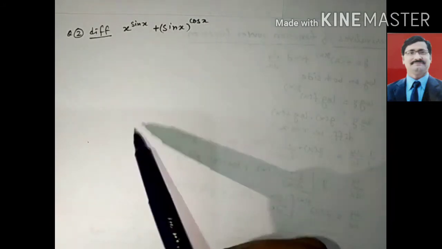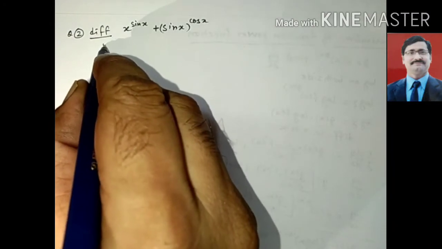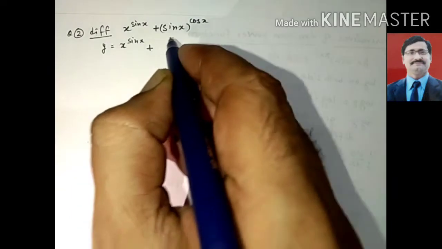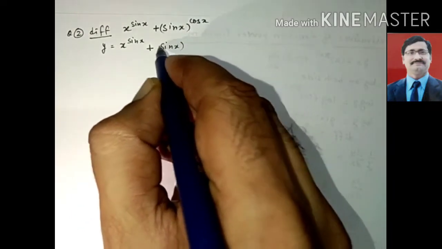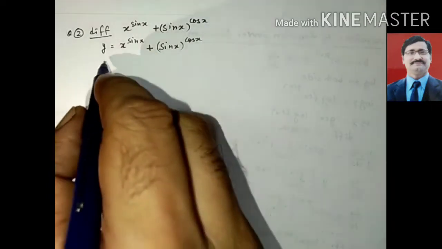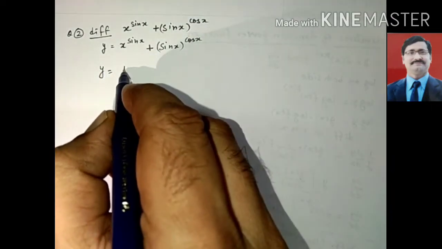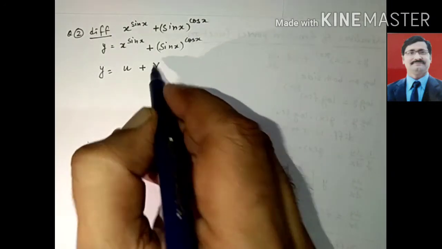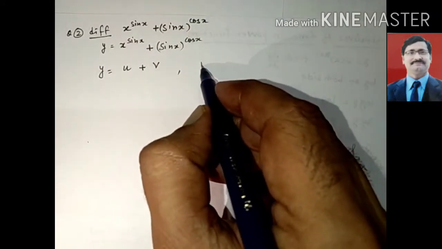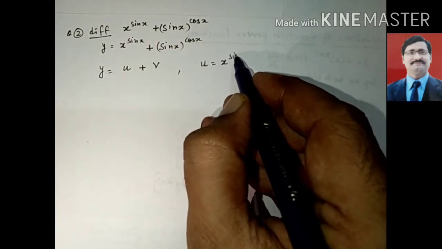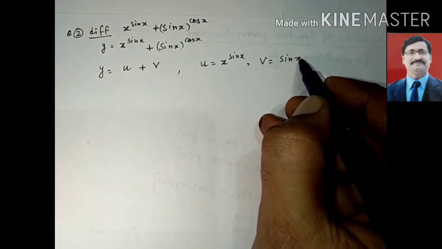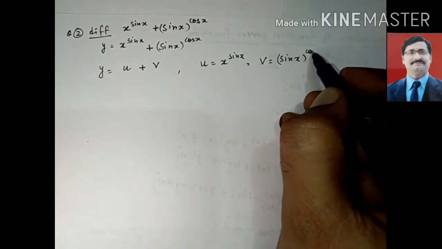Now question number 2 is differentiate x power sin x plus sin x power cos x. How can we do this? Look at this, you will take y equal to x power sin x plus sin x power cos x. These are two given terms, so suppose the first term is u and the second term is v. Okay, u equal to x power sin x and v equal to sin x power cos x.